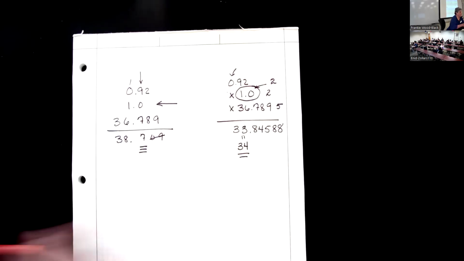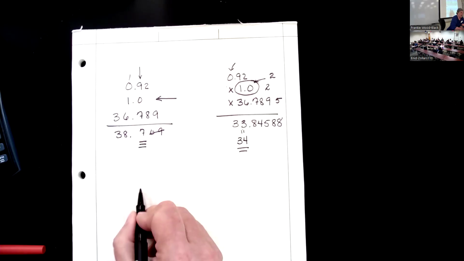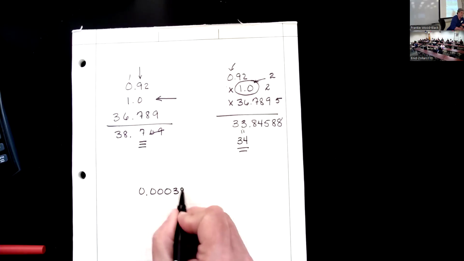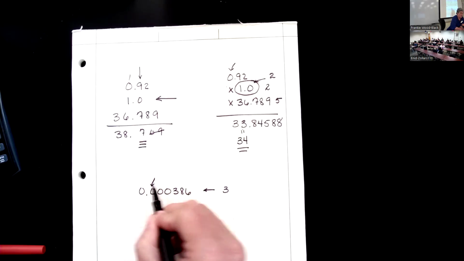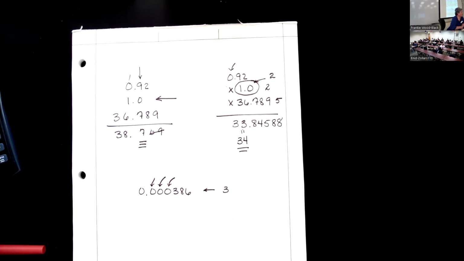Okay, so significant figures, when we're looking at them, if I'm getting 0.000386, this only has 3 significant figures. This is a placeholder, this is a placeholder, that's a placeholder. How I can tell is if I write it in scientific notation, it's going to be written like this, times 10 to the -4.